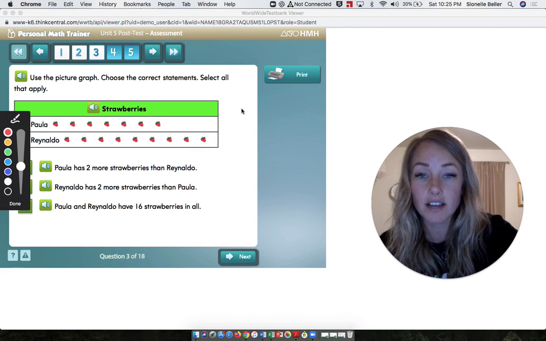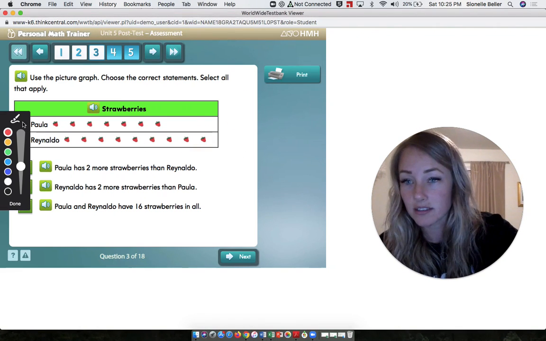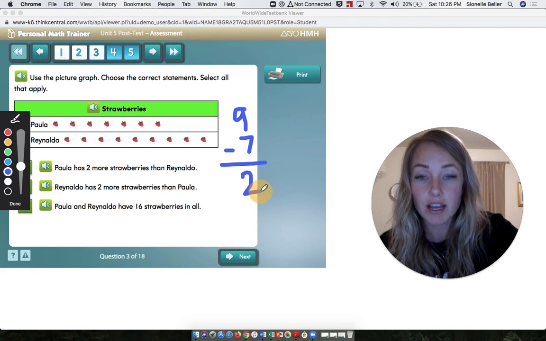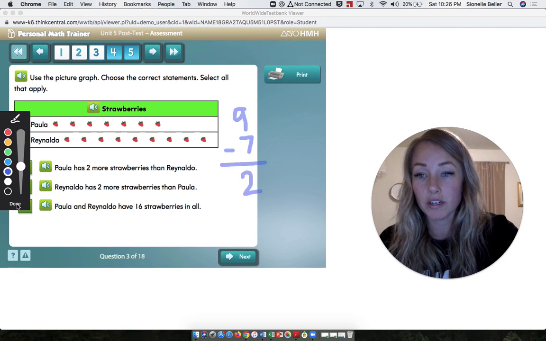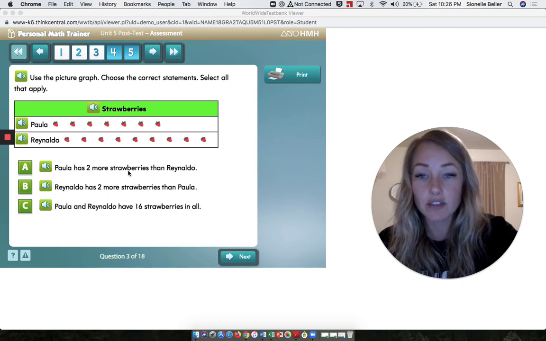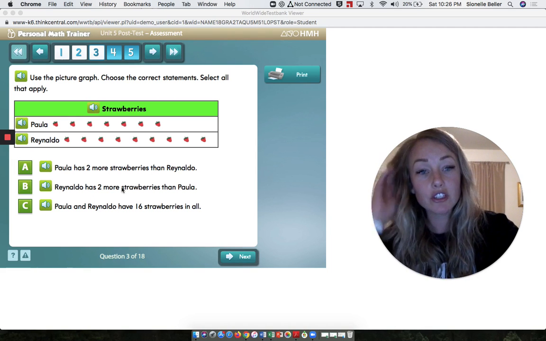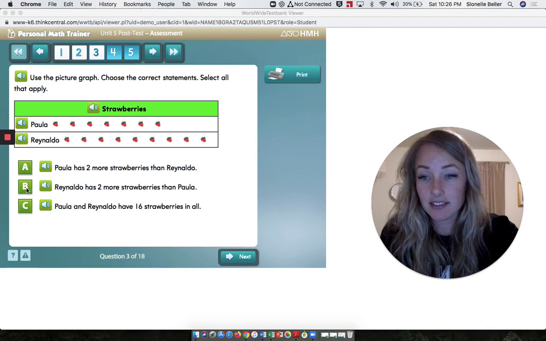So Reynaldo has 9. Paula has 7. So the difference between them is 2, but we know that Reynaldo has more. Does Paula have 2 more strawberries? No, she has less. Does Reynaldo have 2 more strawberries? Yes, he does. So B is correct.